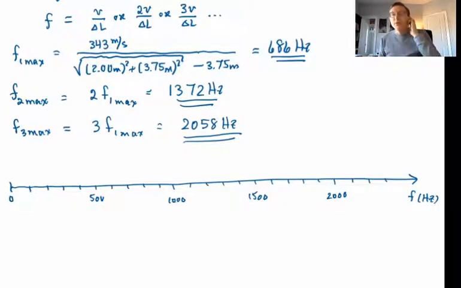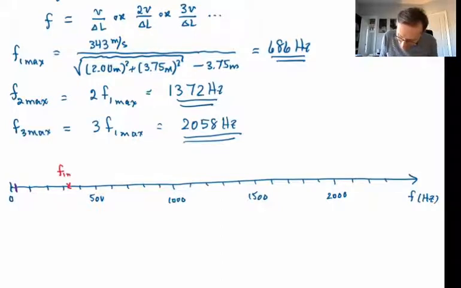The frequencies for fully destructive and for fully constructive interference. We imagine we start at the low end at about 20 hertz. Each tick mark is 100 hertz, so we start roughly right about down there. And we just keep going up to the right end. The first frequency that's important is F1 min at 343 hertz. Just try to get it roughly right.